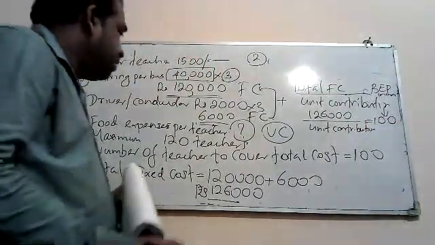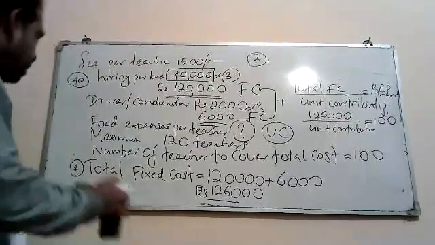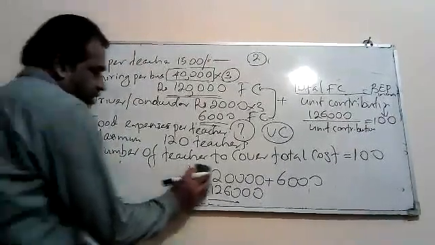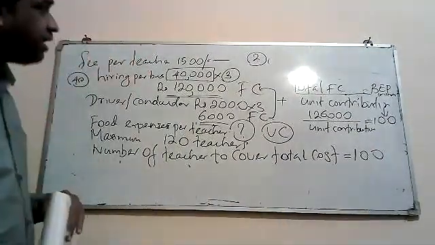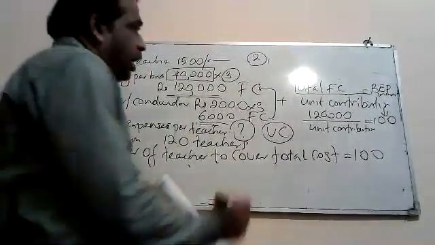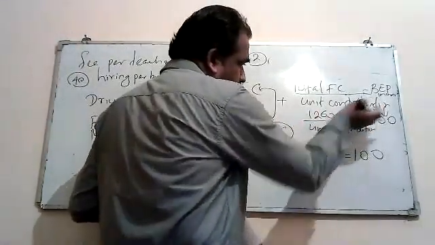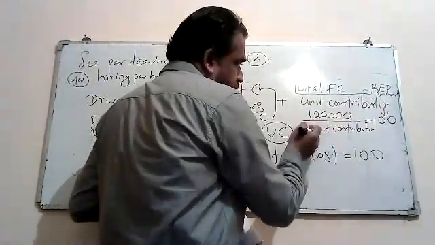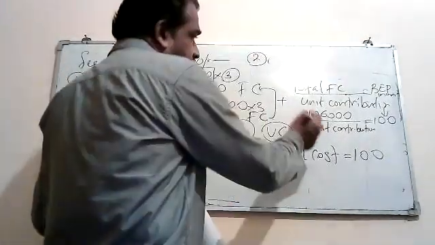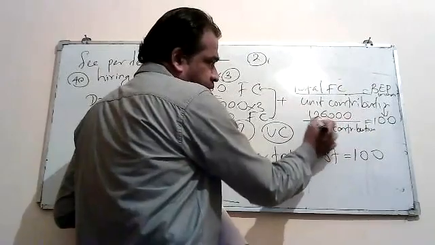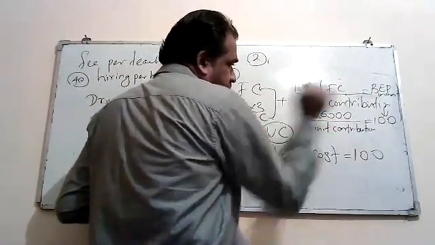Now you can calculate this answer. How? You can cross multiply to find out the unit contribution. Here, 126,000 divided by unit contribution equals 100.